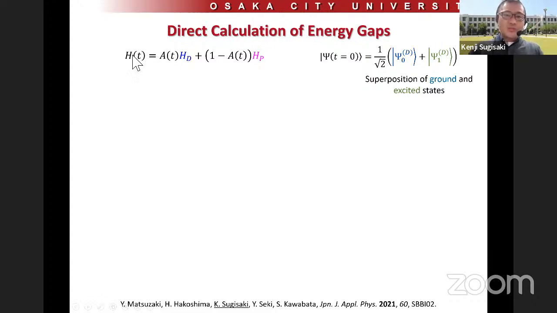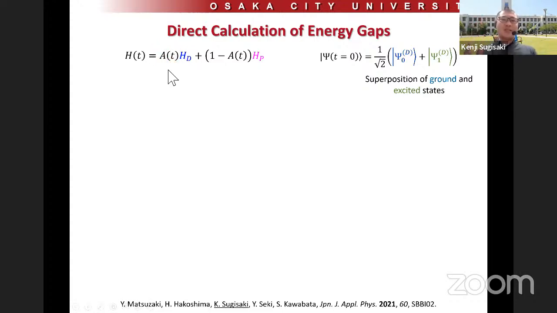So let me assume that we have a time-dependent Hamiltonian, and HD is the driving Hamiltonian, which is the initial Hamiltonian, and HP is the problem Hamiltonian, which corresponds to the H fin, the final Hamiltonian in this slide in my code. And A(t) is 1 minus HD in the definition.